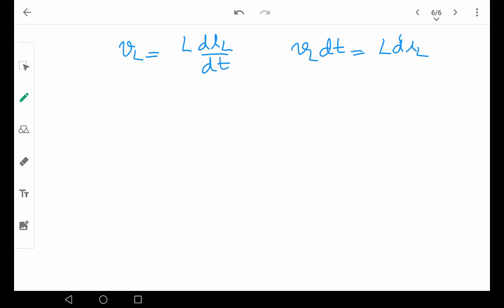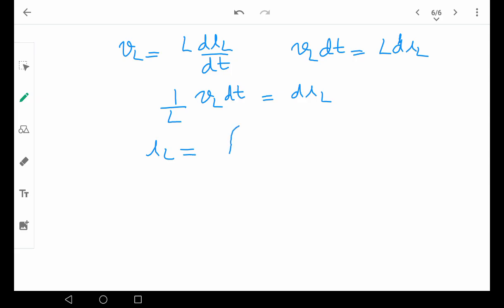So you can write 1 by L VL dt equal to diL, right? If you want to find out IL, you have to integrate both sides. If you integrate diL, you will get IL.